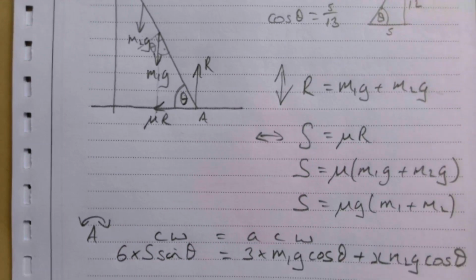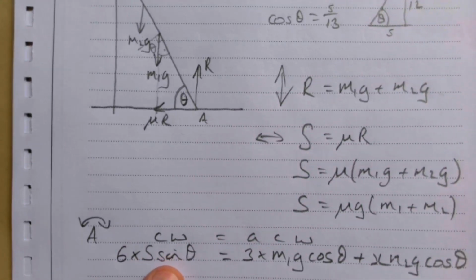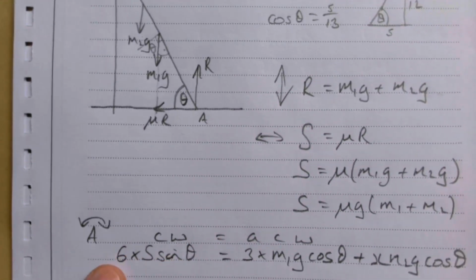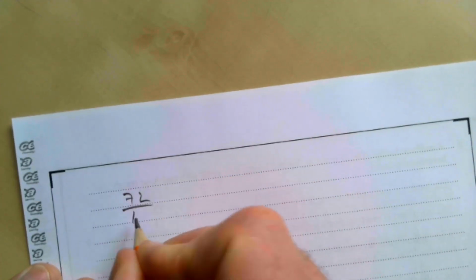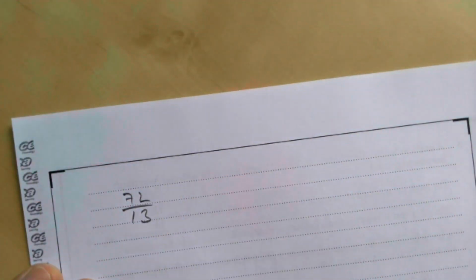So we're going to have 6 times 12. So it's going to be 72 over 13 times by this. That's a 6 sine theta.